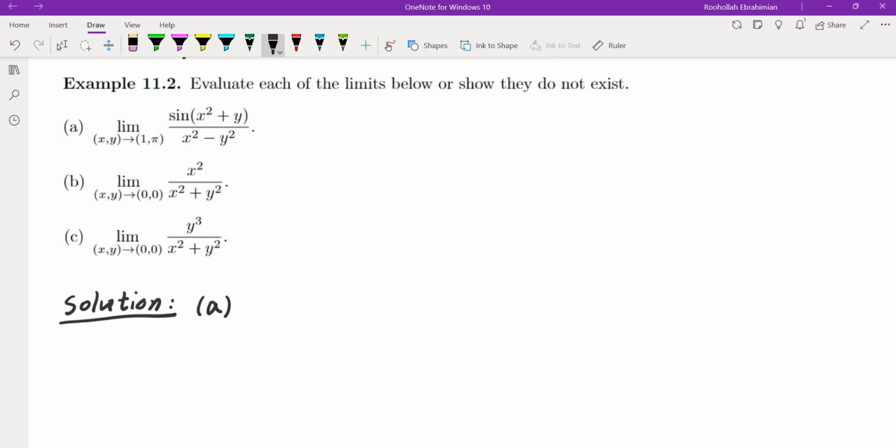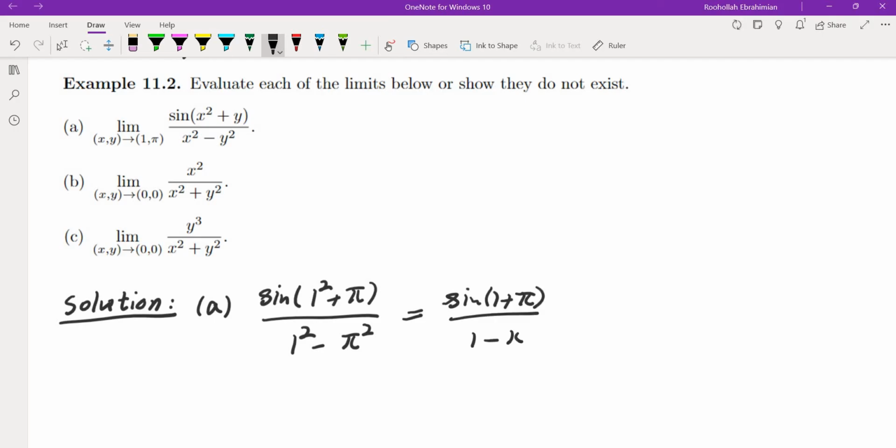Okay, so x and y approach 1 and pi, which means x approaches 1 and y approaches pi. Let's simply plug in the values and see what we get. So we get 1 squared minus pi squared. So this would be sine of 1 plus pi divided by 1 minus pi squared. And there's no ambiguity here, so that would be our answer.